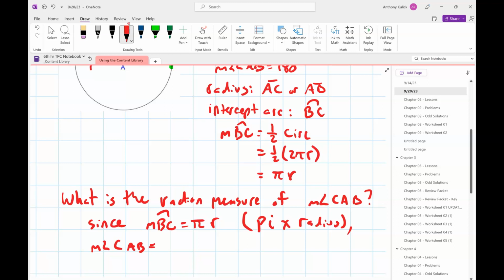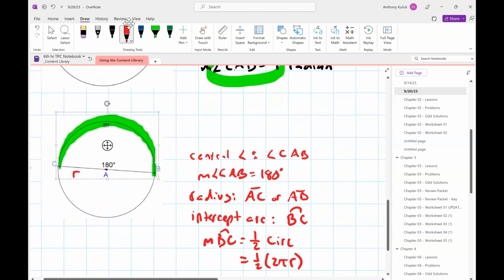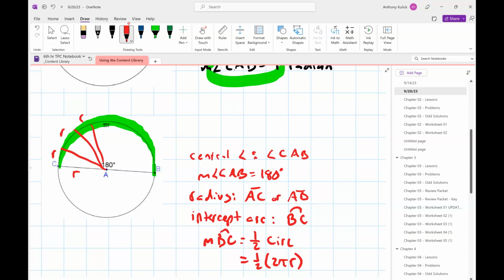Everybody agree with that? How many 1r segments can we make on that arc length? If we divide it up, how many of those should we have in total? Pi of them, because that arc length is pi r, right?